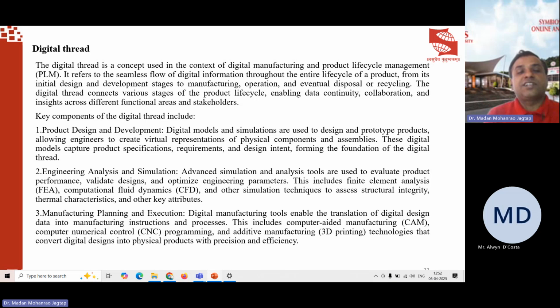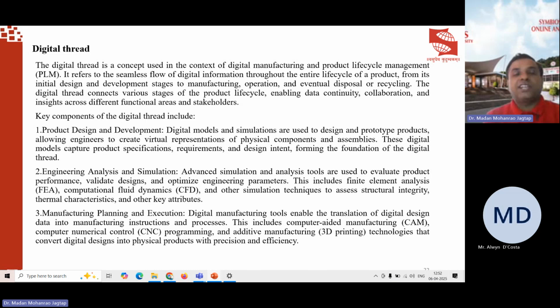These digital models capture product specification: what dimensions the product has, what the requirements of the product are, and what the design intent of the product is, forming the foundation. All this information is captured through a digital thread, and the digital thread communicates this information to the next step.